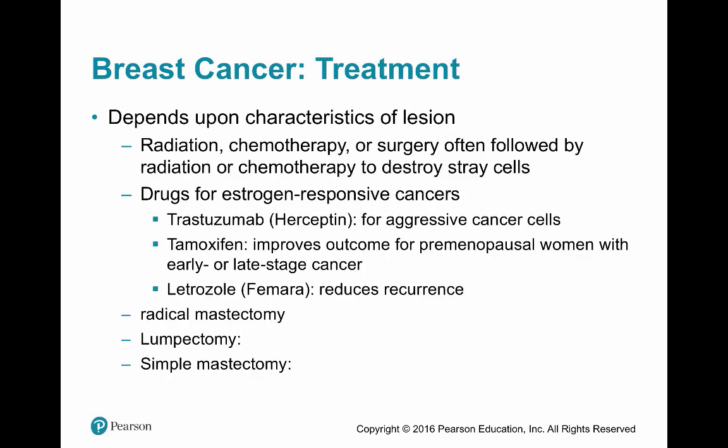And your treatment depends on the characteristics of the lesion. Basically, until the 1970s, standard treatment was radical mastectomies that removed the breast with all underlying muscles, fascia, and associated lymph nodes.